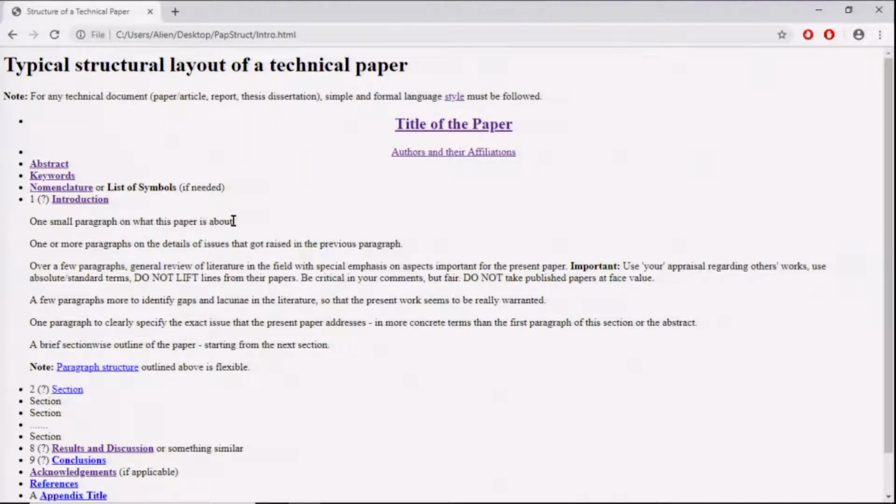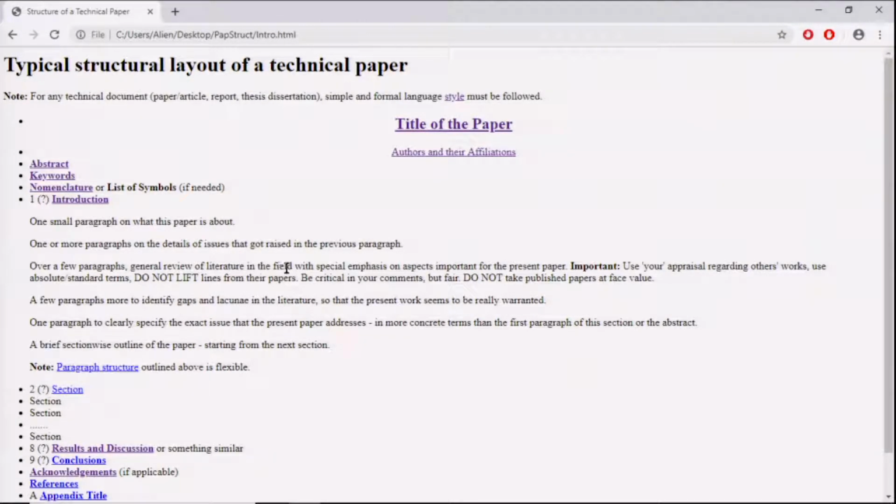And after that, by this time a lot of issues have been raised in explaining the details. Now, the next few paragraphs will be dedicated to a general review of literature in the field, which addresses these things and several other related things.